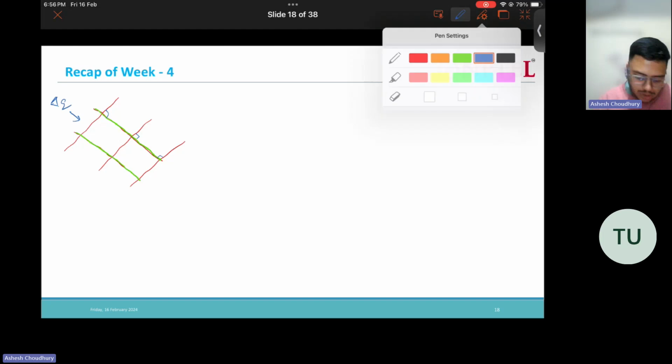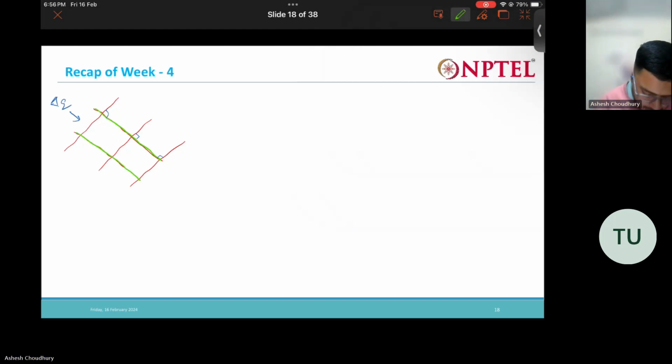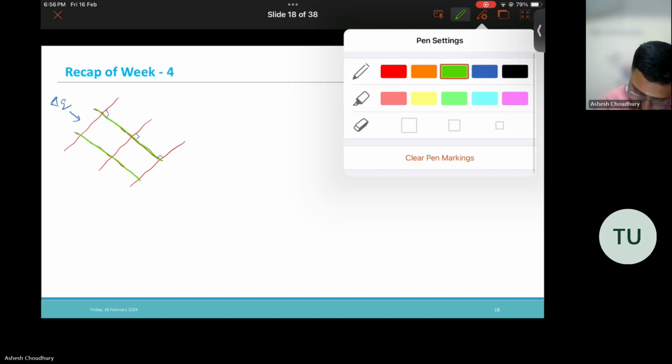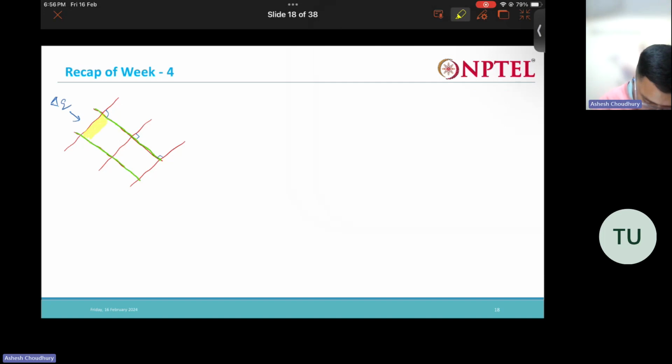This yellow part is nothing but a flow channel.